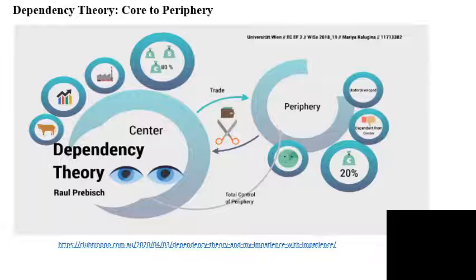The finished products sold to the periphery countries have value added, which costs more than the primary products or raw material used to create them. As a result, the poorer countries can never earn enough from their export earnings to pay for their imports.